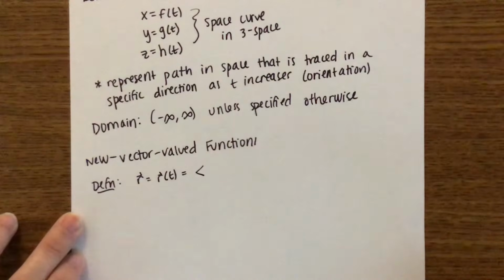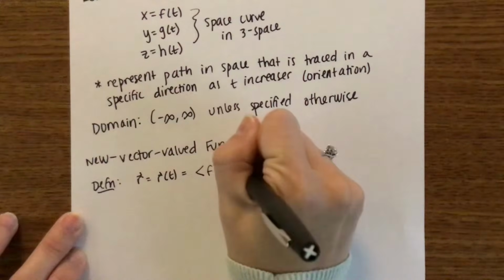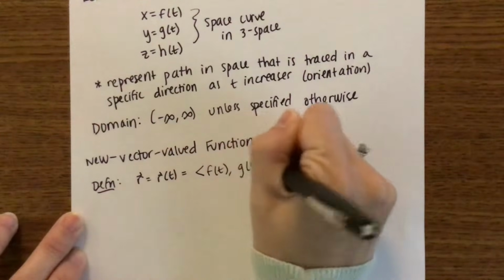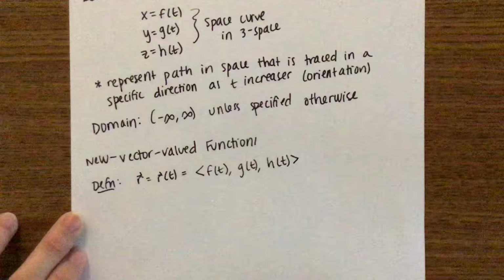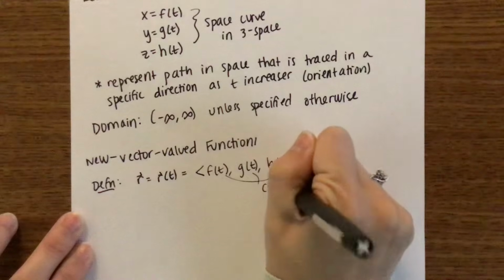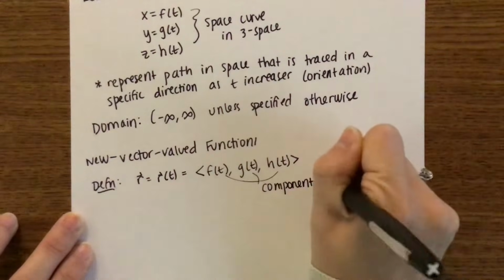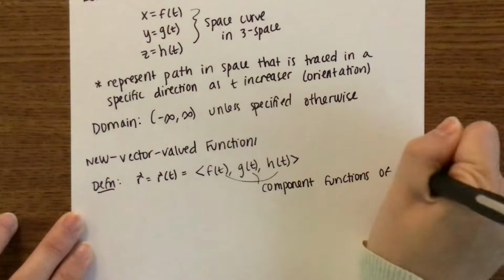It's going to be a vector where the x component is defined by some function, the y component is defined by some function, and the z component is defined by some function. All 3 of these are called component functions of r.